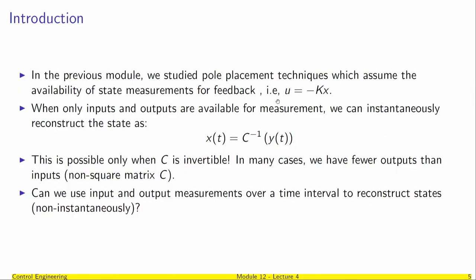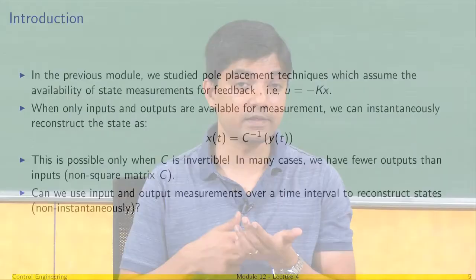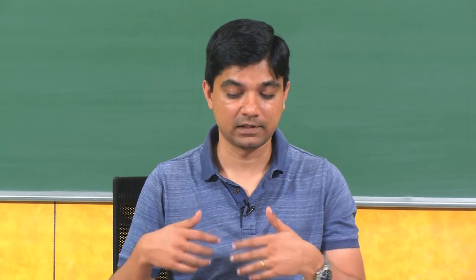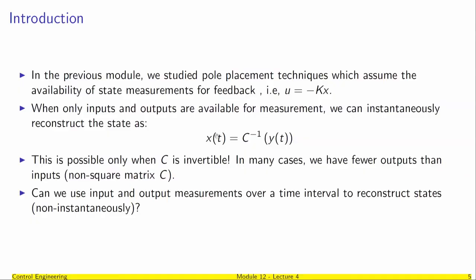Okay. So, what do we assume when we say u equal to minus kx? We always assume that x is measurable, that somebody is actually giving me x. Now, what am I measuring here? I am measuring the outputs y equal to Cx. Let us just ignore D for the moment. Given the measurements y, when can I get all of x?